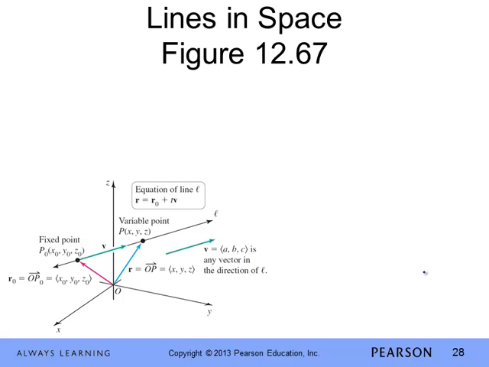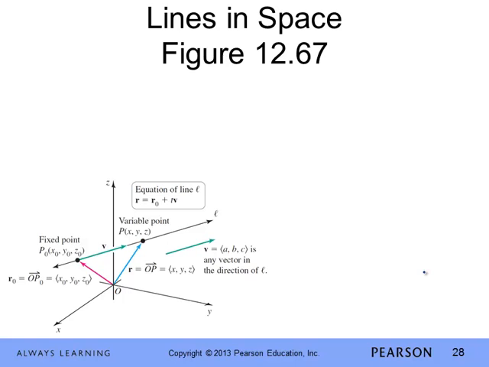So, going back to the vector from the origin, the origin has coordinates 0, 0, 0. So you can think about that vector that goes from the origin out to P sub 0 as the vector that has components x sub 0, y sub 0, z sub 0. And instead of calling it OP sub 0, call it r sub 0.